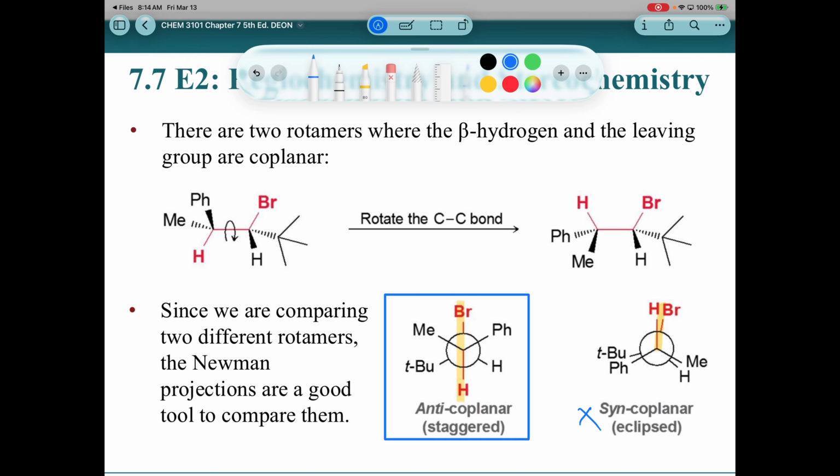Then we'll be able to figure out what the product is from there, whether we get the E or the Z alkene. And since it says here, the staggered rotamer, where the beta hydrogen and the leaving group are anti-coplanar, is much lower energy, okay?